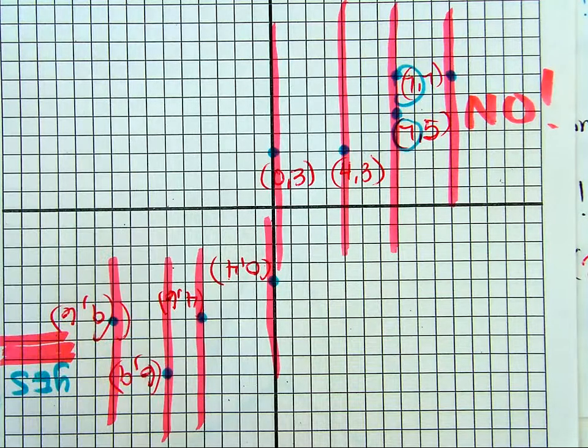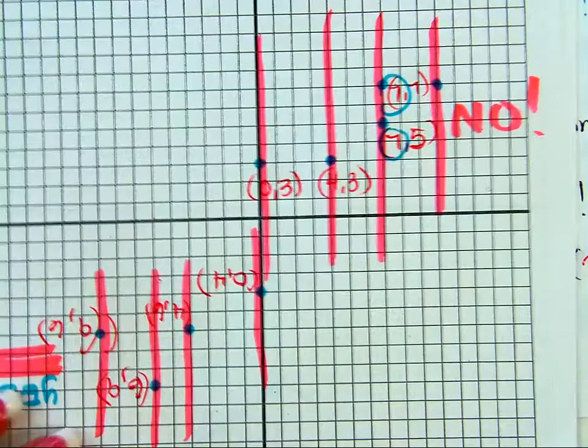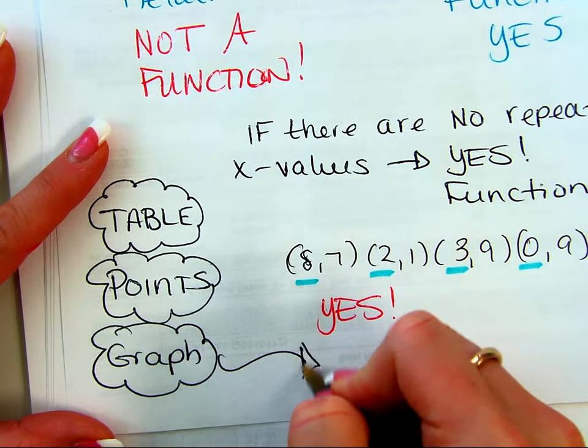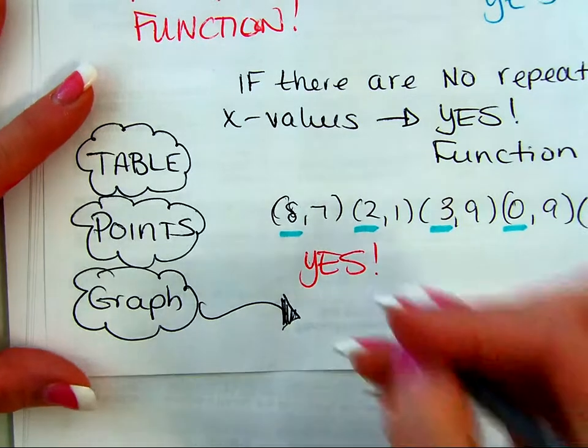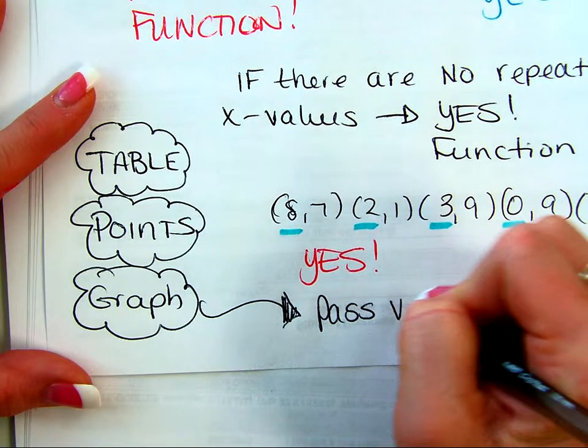Do you understand? So you don't have to go ahead and write the points out each time. Okay? So I want you to kind of put a little arrow here, and whatever you need to do from graph, put, does it pass the vertical line test?